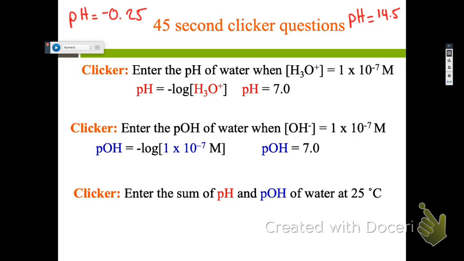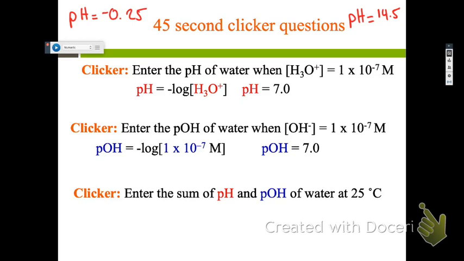Put it in your calculator. 10 to the negative 0.25. What does that come out to? What's that, Sarah? The positive number, 0.62 times 10 to the negative 1. Is that what you guys are getting?